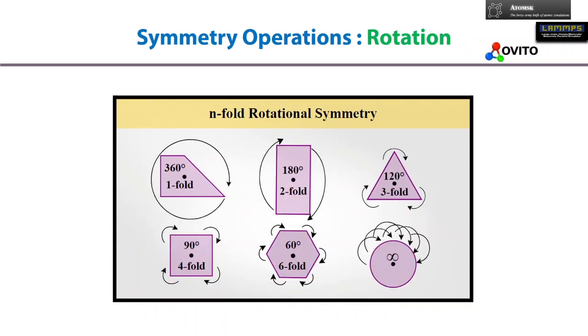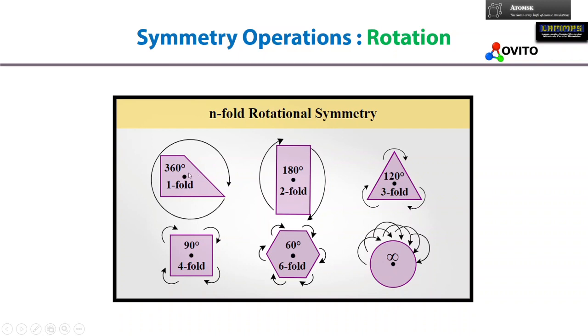Then you find n-fold rotational symmetry. What does n-fold rotational symmetry mean? For the first structure, if you rotate it along this axis, you can only find the original structure after rotating 360 degrees, not any less. It might also be 720 degrees, but I am talking about the smallest rotation.